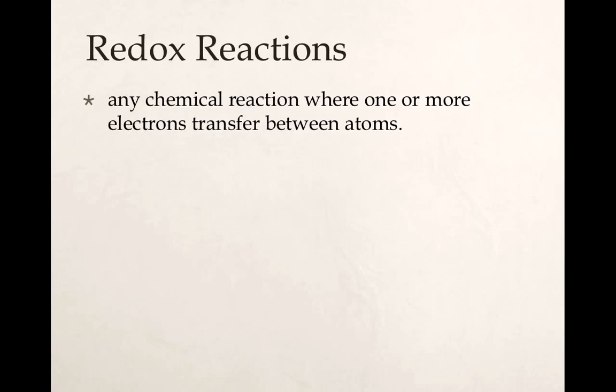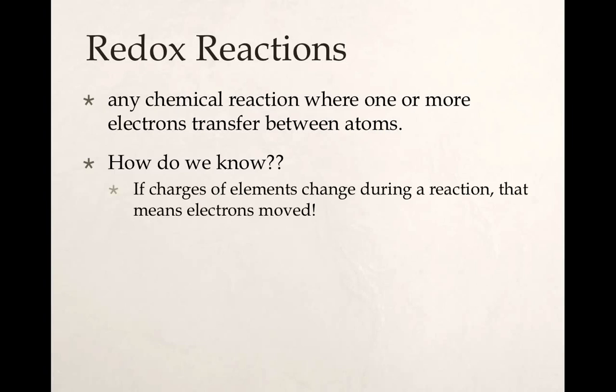If there's no electron transfer, then it's not a redox. So a big question for us is how do we know when electrons are transferring in a reaction? The reaction on your paper is not going to tell you that electrons are transferring, so we need to find that out, and we find it out by using logic.